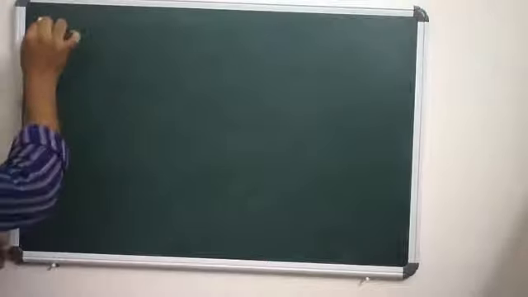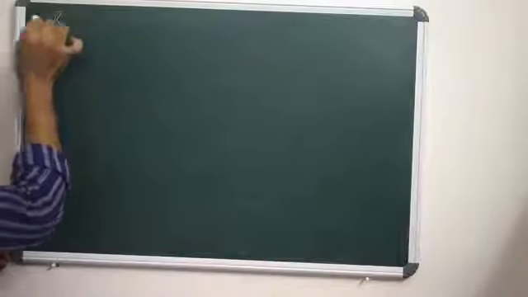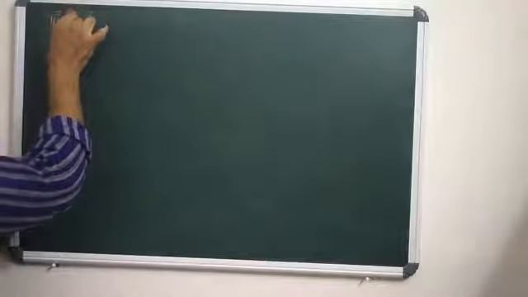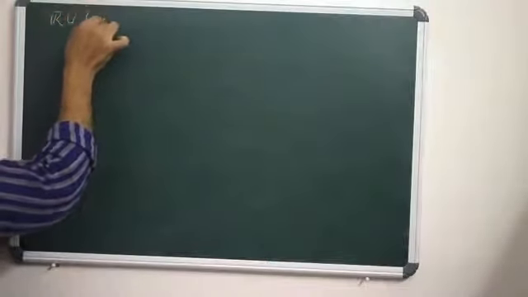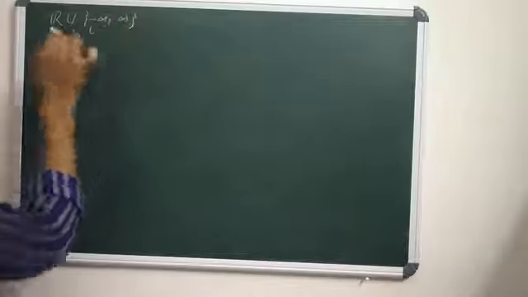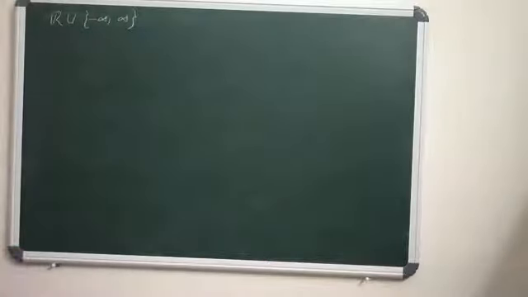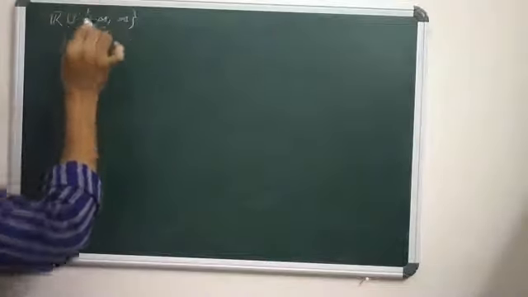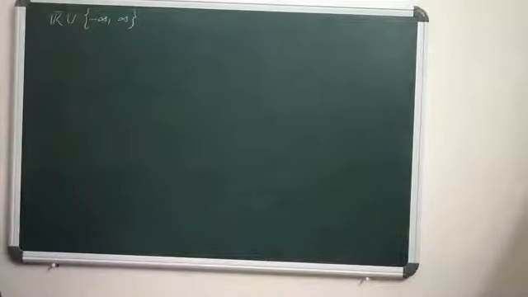Suppose R is the set of all reals. Then the real number system is R union {minus infinity, infinity}. So this is the real number system.